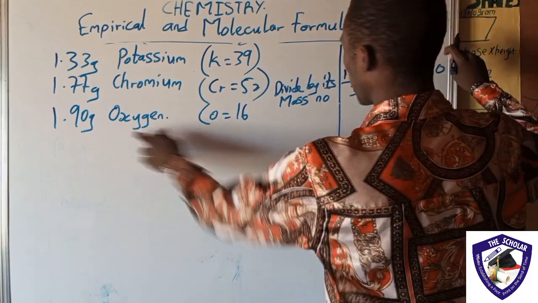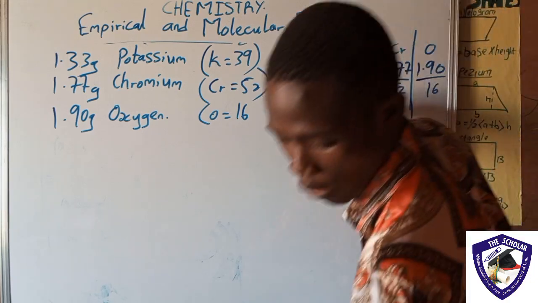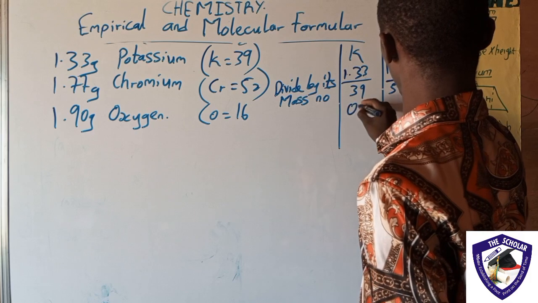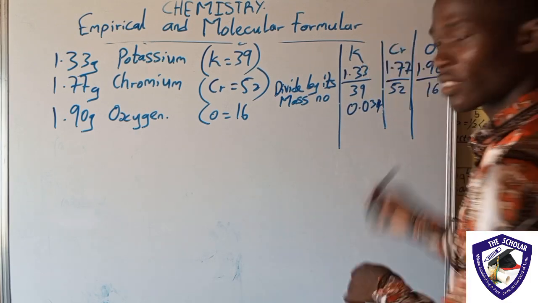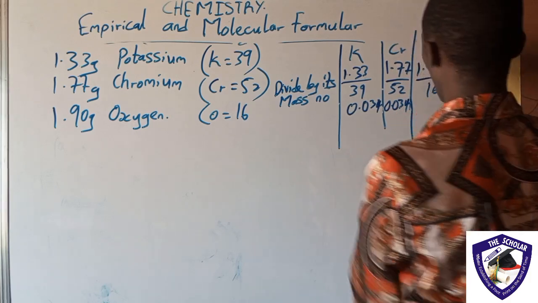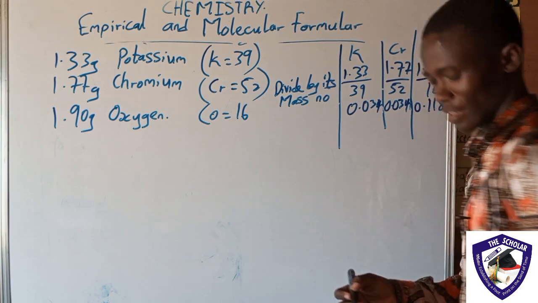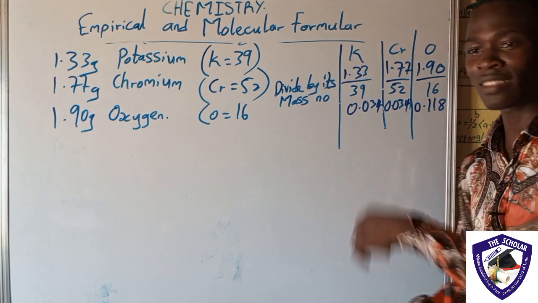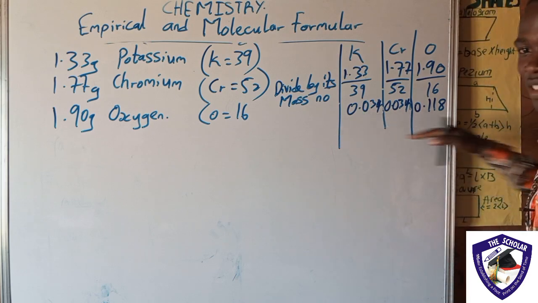Then the mass number of oxygen, 16, we divide this by 16. We get 0.034, 0.034. For oxygen, 0.118.